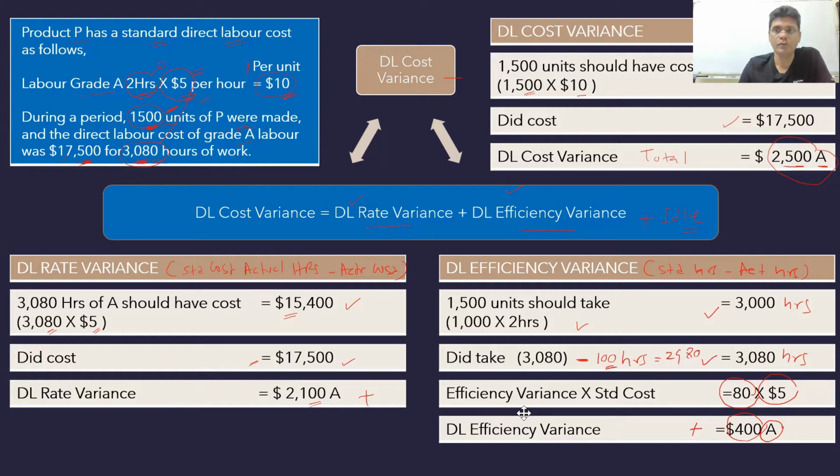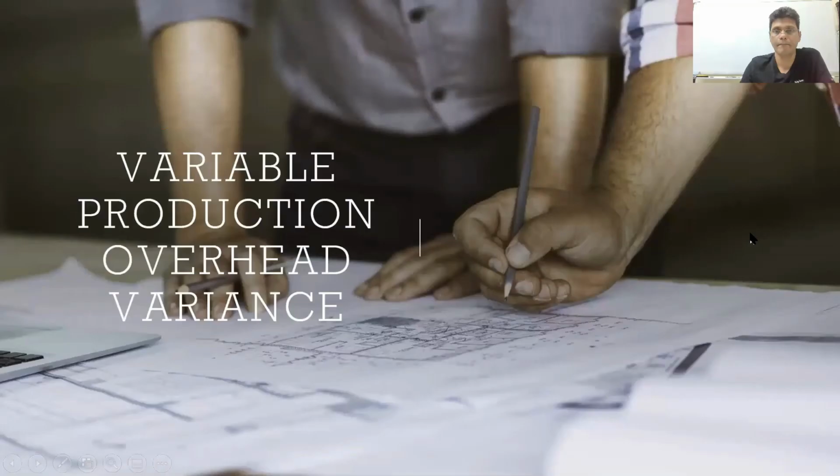Okay. So now let's move on to the next variance, which is variable production overhead variance. Okay. Now, under variable production overhead variance, also we have to calculate basically two types of variances. One is the expenditure variance and efficiency variance.